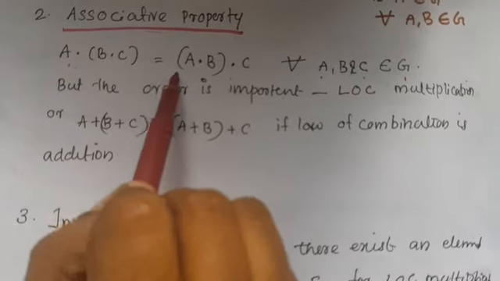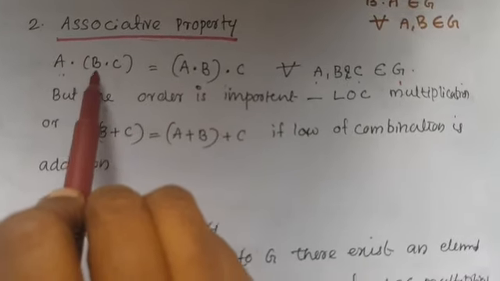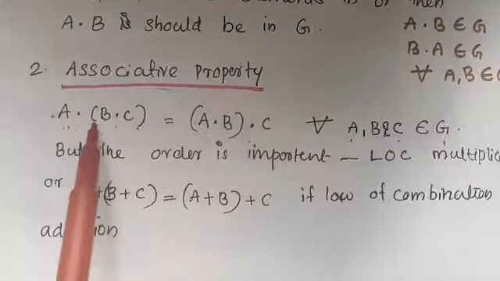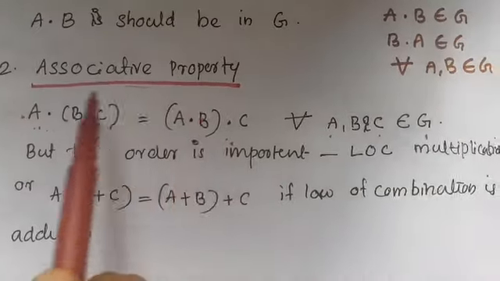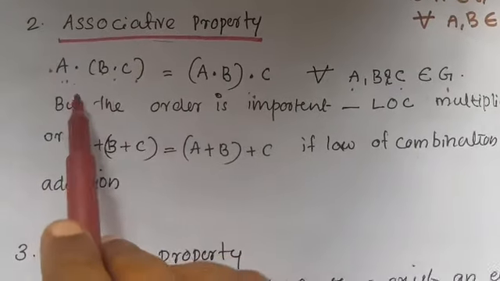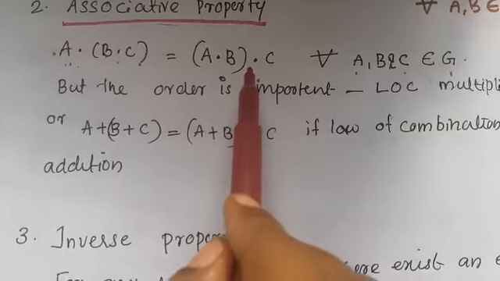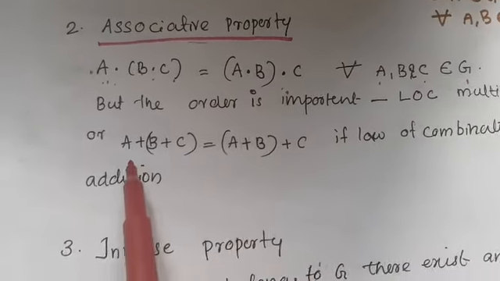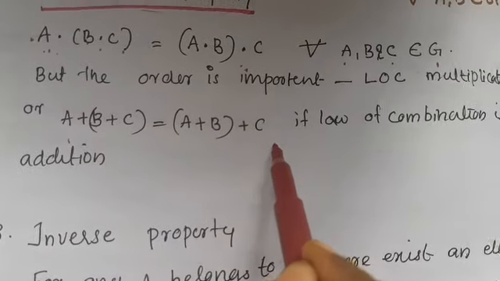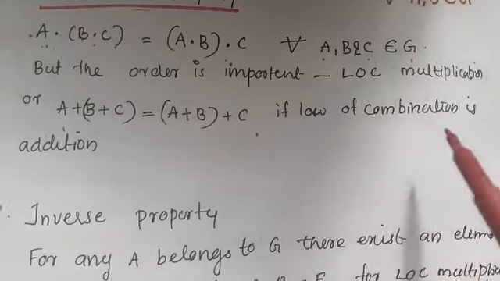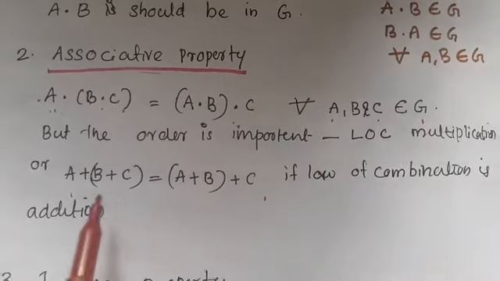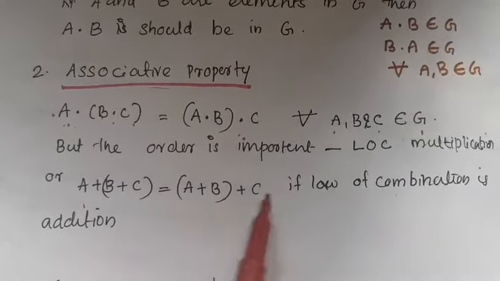The order is an important quantity: we cannot change the order of A, B, and C. This is for the case where the law of combination is multiplication. If the law of combination is addition, this can be written as (A plus B) plus C is equal to A plus (B plus C). This property is known as the associative property.